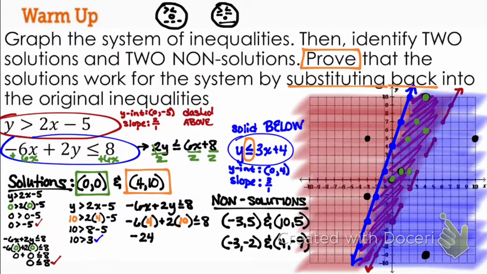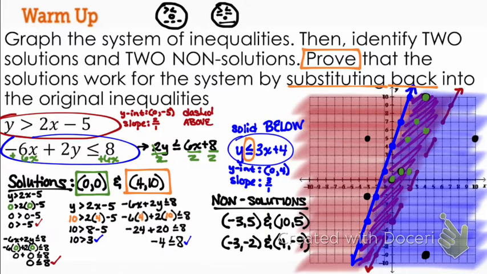Negative 24. What's 2 times 10? 20. What is negative 24 plus 20? Negative 4. Is negative 4 smaller than 8? Yes. It made my inequality true, and so this is valid. It worked for both inequalities in that system.